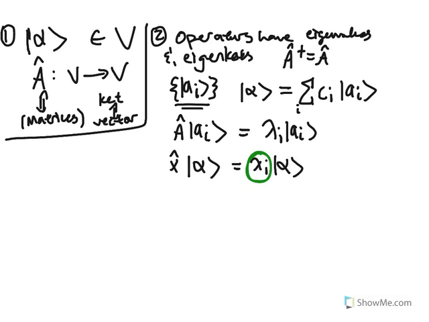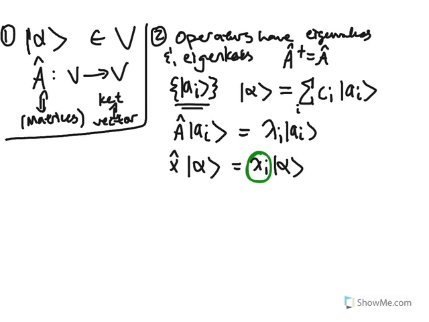If I have a state alpha that is an eigenvector of an operator, in this case x hat, then applying that operator to that state will give me an eigenvalue, and that eigenvalue is the corresponding observable with that state. So for instance, here's my state alpha.